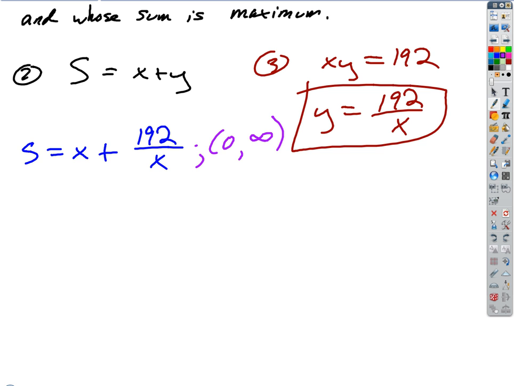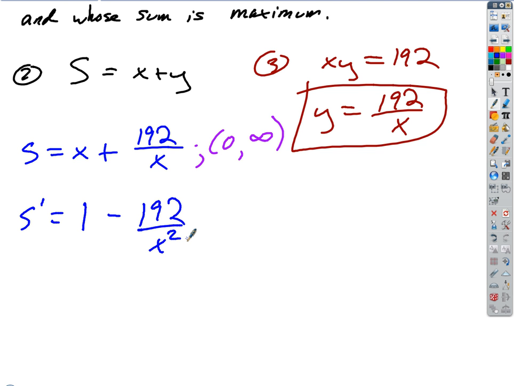And so now we just do our calculus. What does the derivative look like? What's s prime look like? It's 1 plus the derivative of 192x to the minus 1, which is negative 192 x to the negative 2.